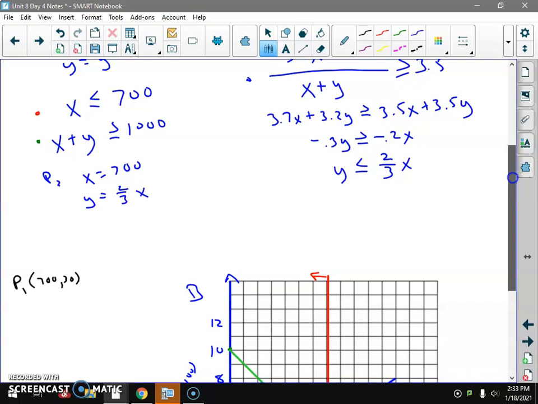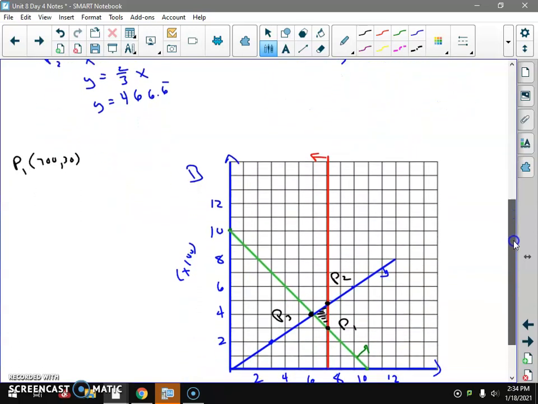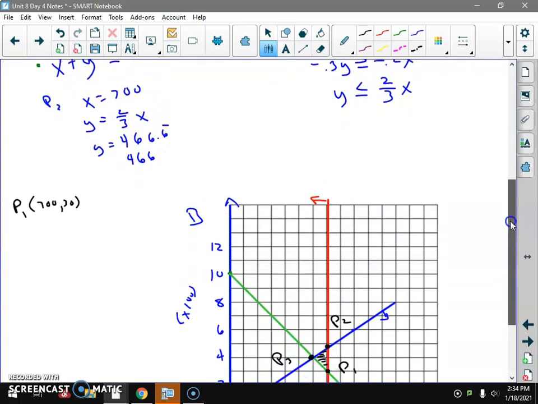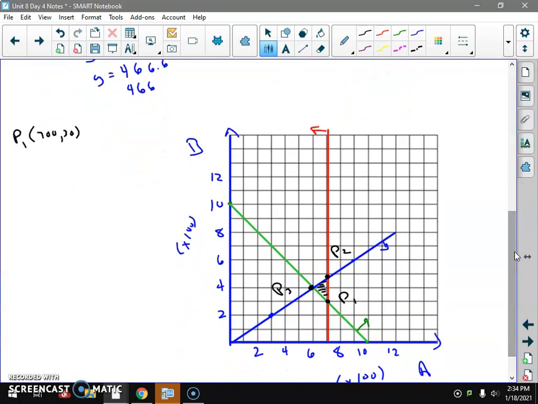So if I solve that system, if x is 700, plug 700 in, 2/3 of 700, y equals 466 repeating, 0.6 repeating. But again, if it's got to be in the feasibility region, and I'm down below that, I've got to go down because the 7 would round up. I know it's a small detail, but 466 would be the max you could have. So there's our second point, 700, 466.